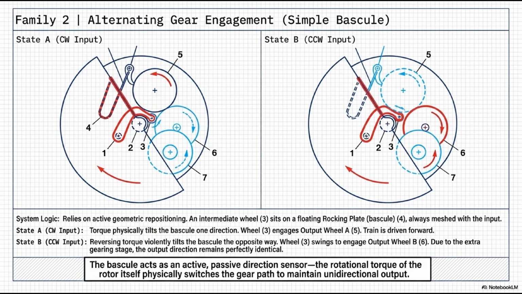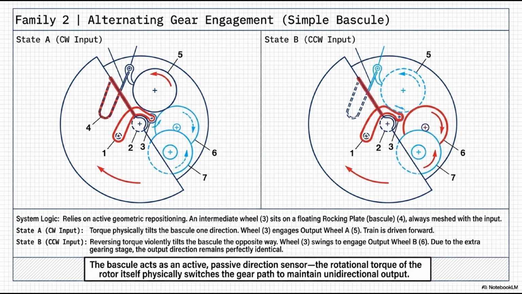This floating wheel is always meshed with the rotor input wheel, 2. Let's trace state A, clockwise input on the left. The rotor turns CW. The rotational torque physically grabs and tilts the entire bascule to the right. Wheel 3 swings over and rigidly engages output wheel A, 5. The gear train is driven forward.